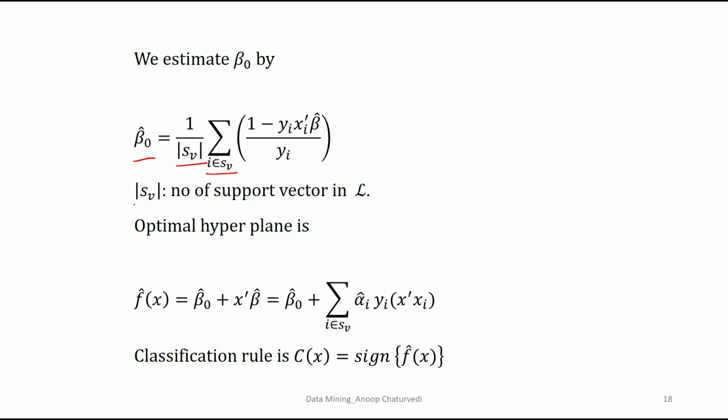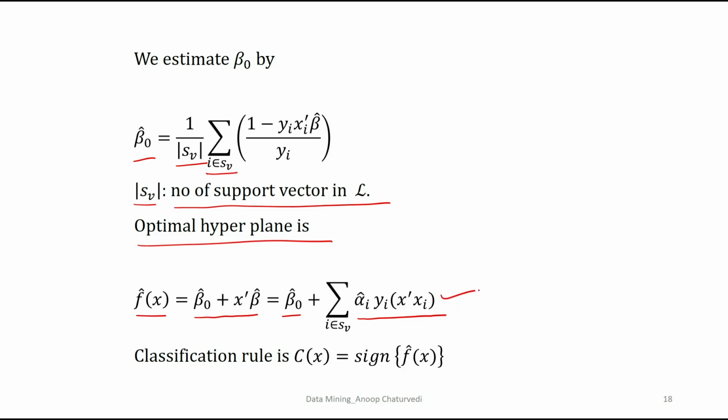Actually, this mod SV denotes the number of support vectors in L. And then the optimal hyperplane is f hat x equal to beta naught hat plus x transpose beta hat, which is equal to beta naught hat plus summation i belonging to SV alpha i hat yi x transpose xi.